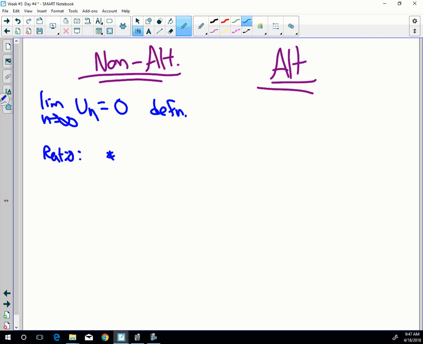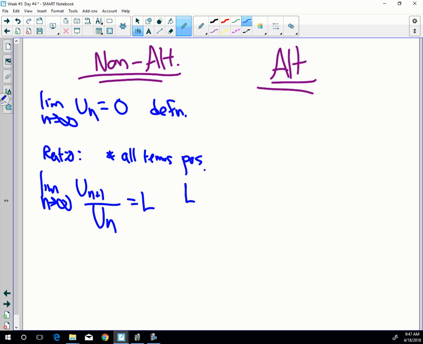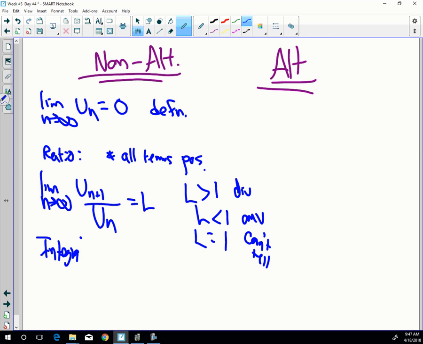You say all terms positive, and then you take the limit as n approaches infinity of u of n plus 1 over u of n. If the limit's greater than 1, diverge. If the limit is less than 1, converge. If the limit is equal to 1, can't tell. And then the third thing we do is the integral test. The integral test has 3 things that you have to double check.